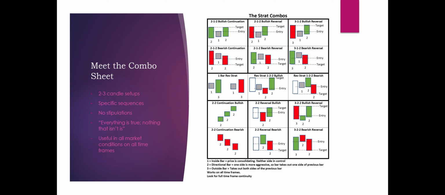If we look at a few of these here, starting with the top left, right? 212, bullish continuation, bullish reversal. You're seeing a good example there. You've got a type 2 candle, which means the candle that you don't see to the left of it was defeated one direction or another. In this instance, because you see that the type 2 candle is green, you know that it's a 2 up. The following candle is an inside candle, right? So you've got an inside day or an inside month, whatever time frame you're looking at, but you know that you've got consolidation.